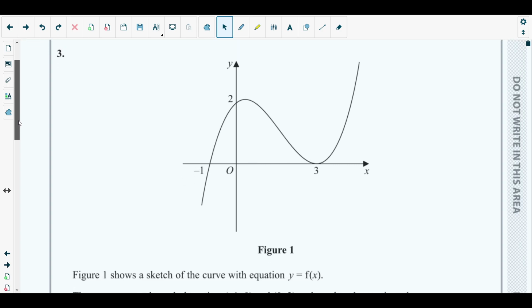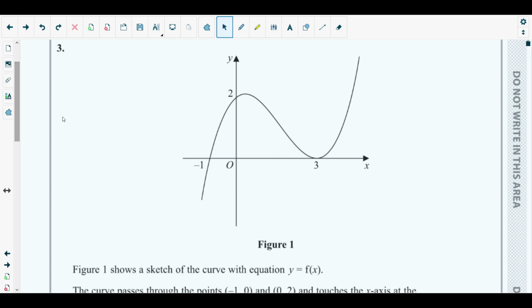Right at first you can see a sketch of a curve is given. Figure 1 shows a sketch of the curve with equation y equals f of x.